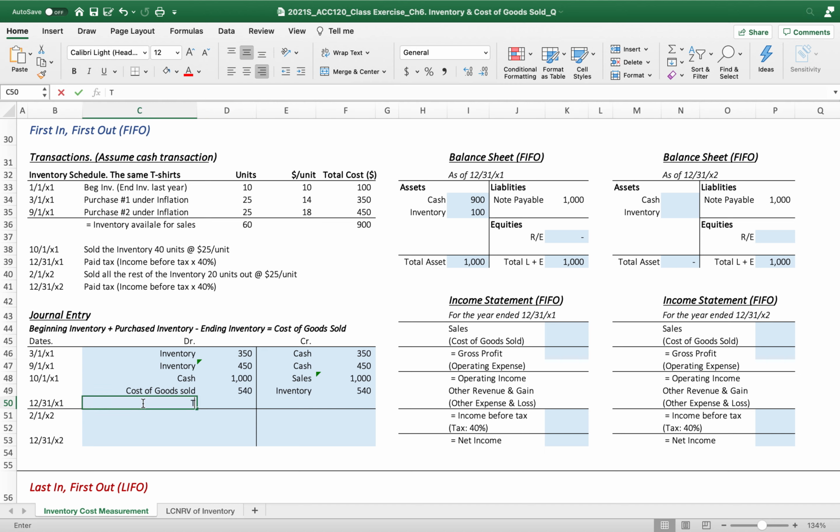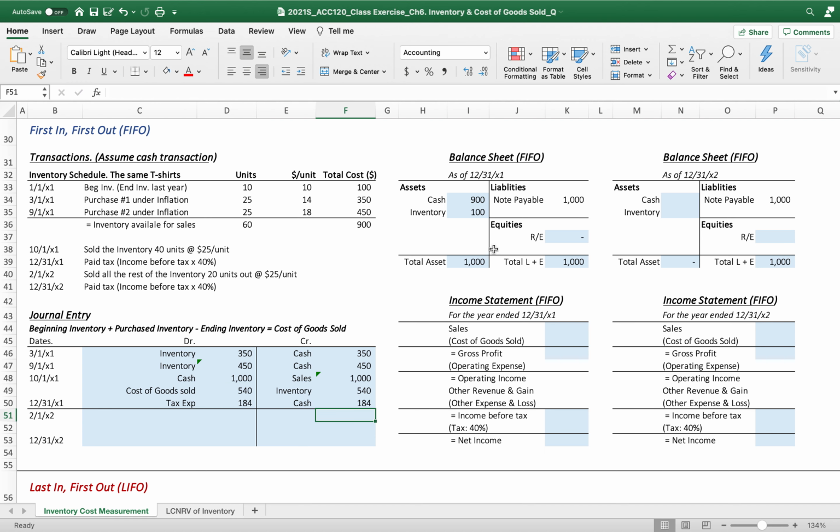Then how do you calculate the tax expense? Tax expense, once again, the sales minus cost of goods sold, which is the gross profit, or the income before tax if there's no other transaction after that, then times 40%. So 184 is the tax amount, and then cash out by this payment.